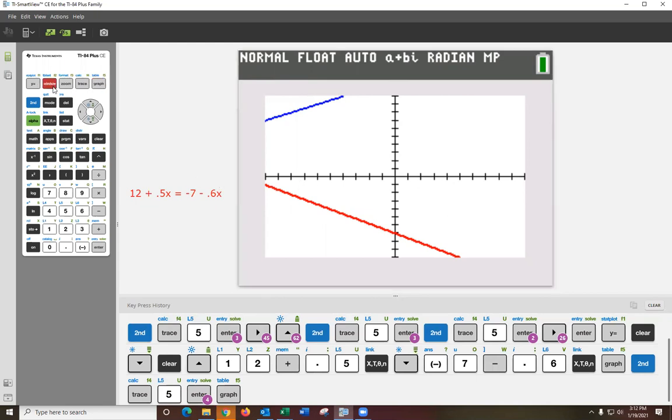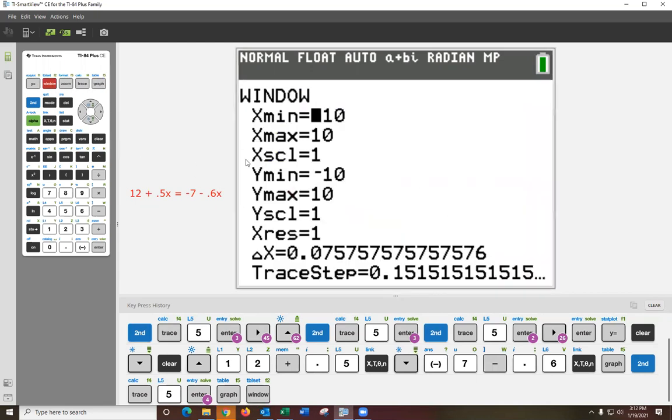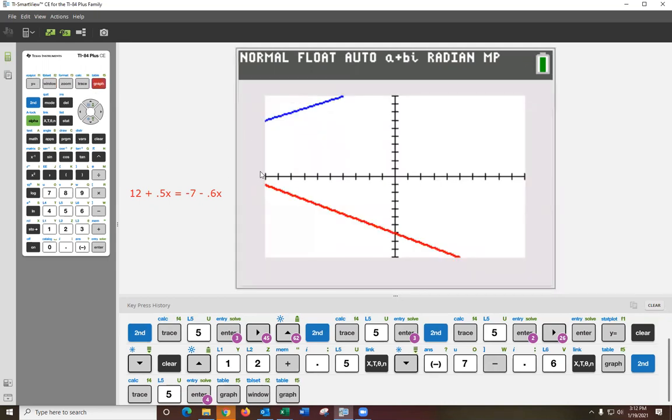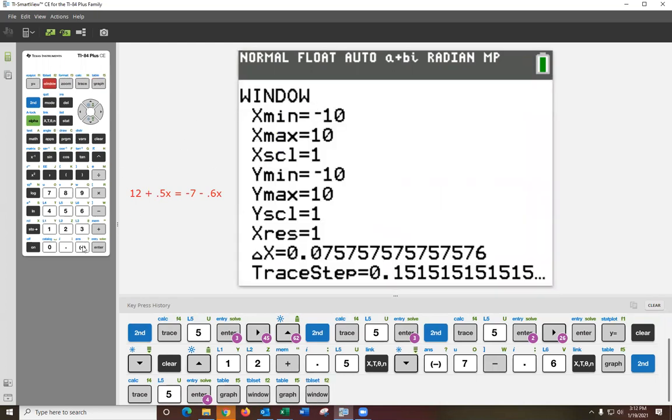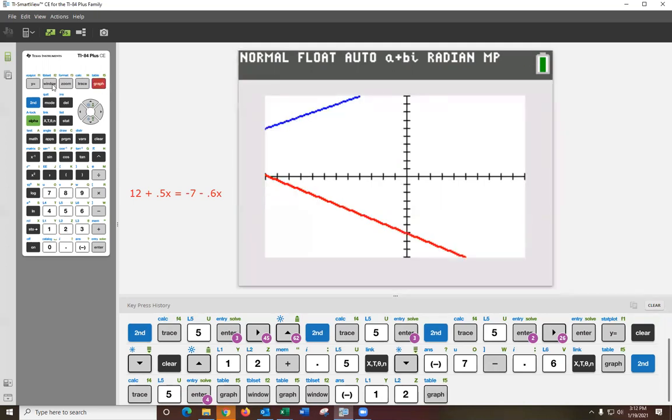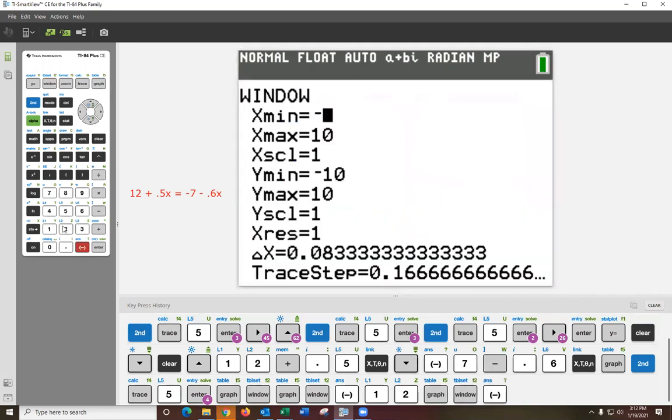So we need to go to window and push out the x minimum, because our x minimum right now is -10. We've got to push that out further to where that intersection point is. I don't know, maybe -12. Is that enough? Probably not. Nope. What about -15?